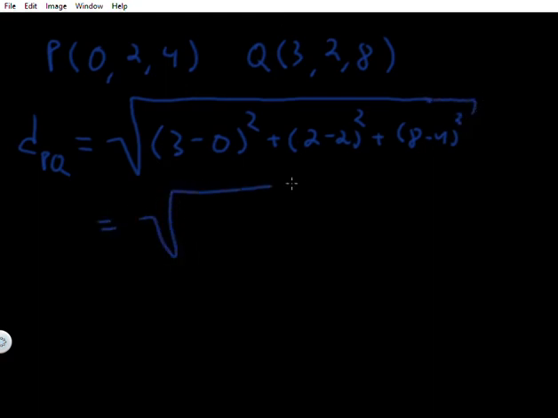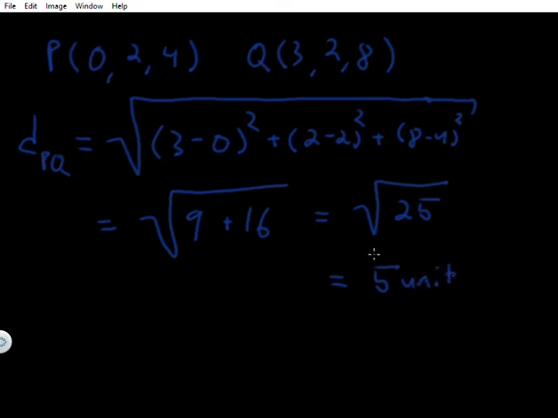We get a 3 squared, which is a 9, plus a 0 squared, which is a 0, and a 4 squared, which is a 16, and lo and behold, we get a perfect square, which is just 5 units. I don't know how picky your professor or teacher could be, but always when you're doing distance measurements, make sure to put units.